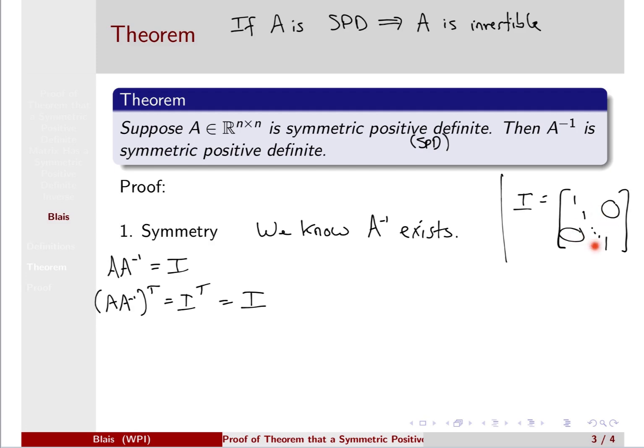So if you swap the rows and the columns, you recover the original identity matrix. And so we have this equality here. But we know the rules for distributing transpose. We distribute the transpose to the terms in this product and reverse the order of multiplication. So we get A inverse transpose times A transpose is equal to the identity matrix.